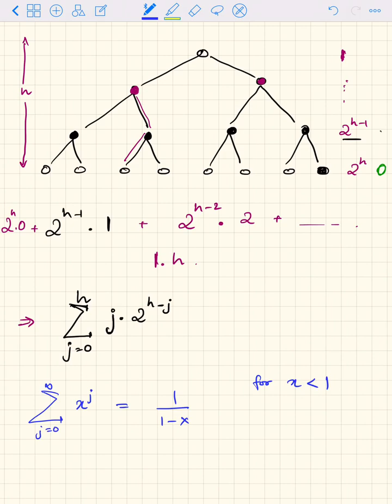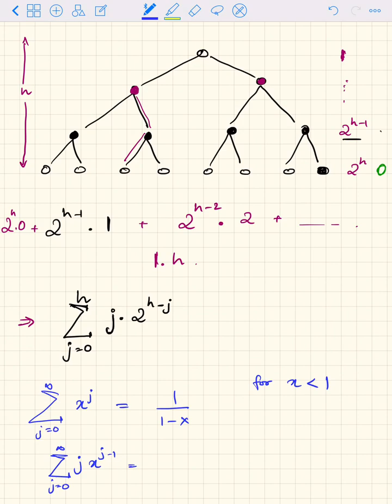Now of course this is a little bit different from what we have out here. If you take x equal to half, then you can do it. But what we see out here is that we need to take the derivative of this one. So if we take a derivative, what we're going to get is summation j equal to 0 to infinity j x to the power j minus 1, equal to, what is the derivative?